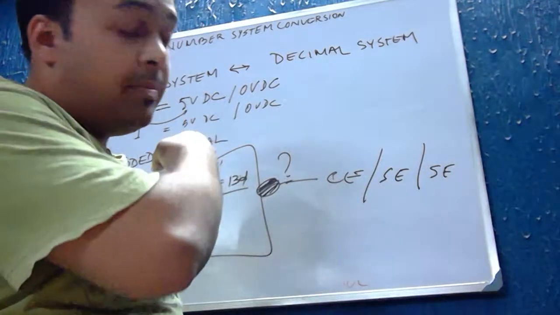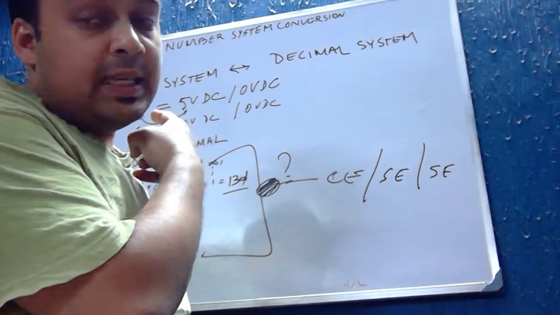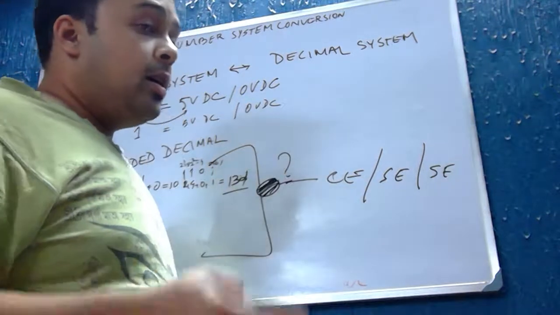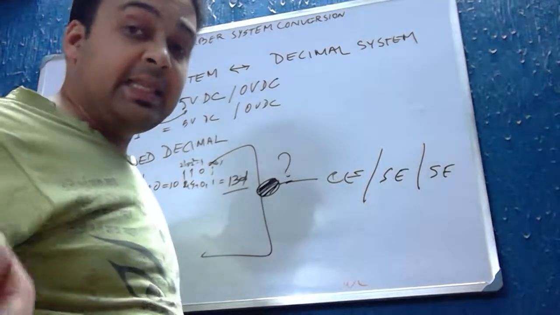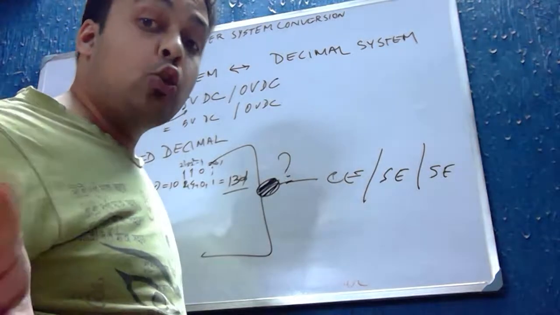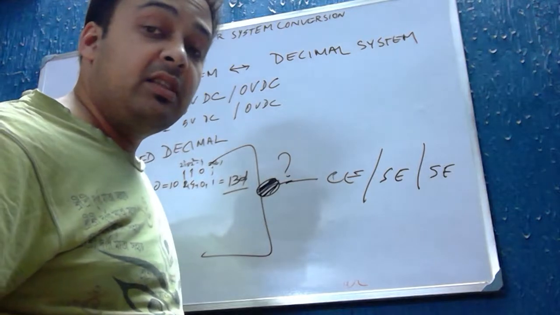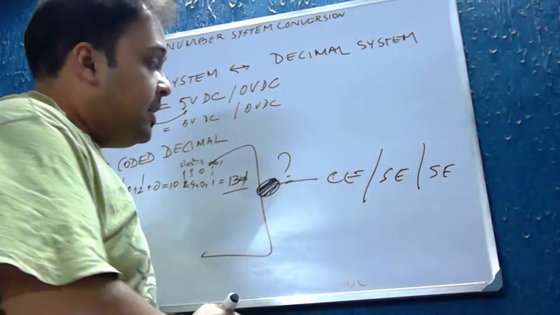You'll understand that the binary coded decimal is in use because it will only be used in places where you cannot go above 9.